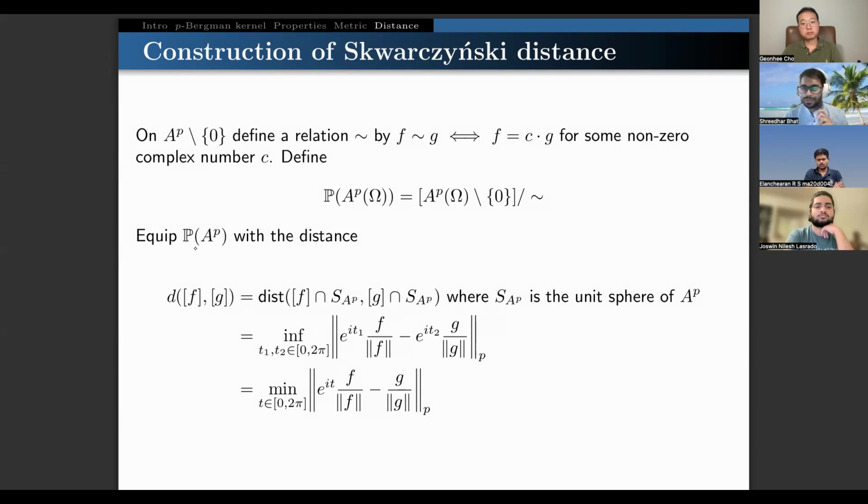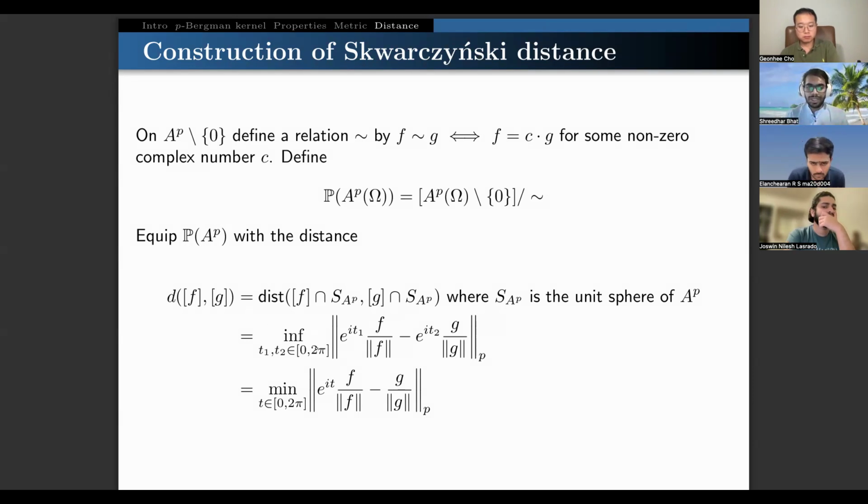For this projective space, you define a distance D of [f], [g] to be the distance of f in S(A^p) with the distance of g in the sphere.